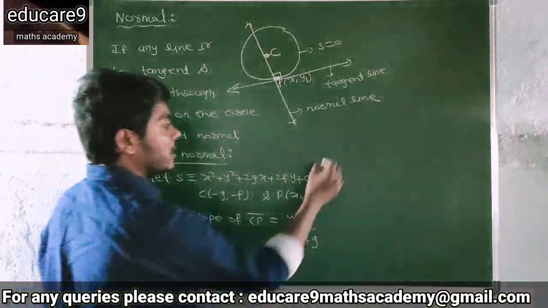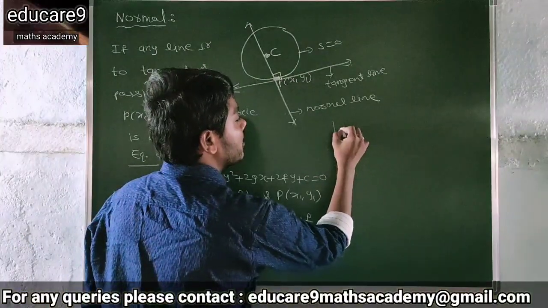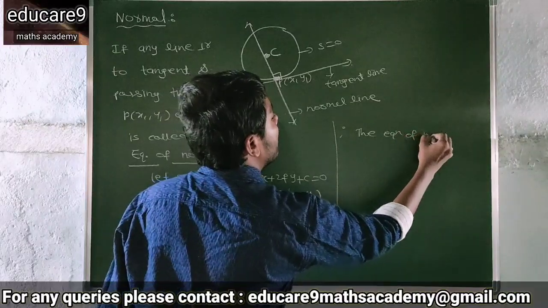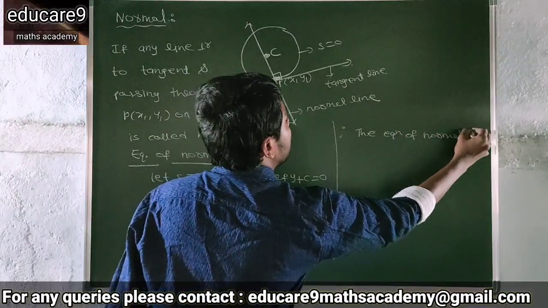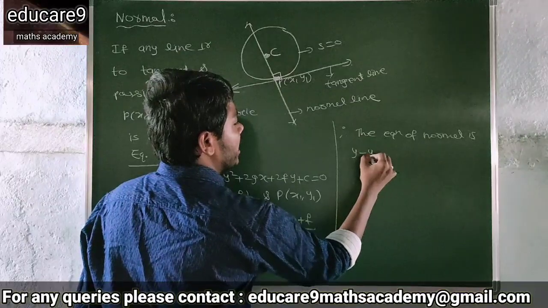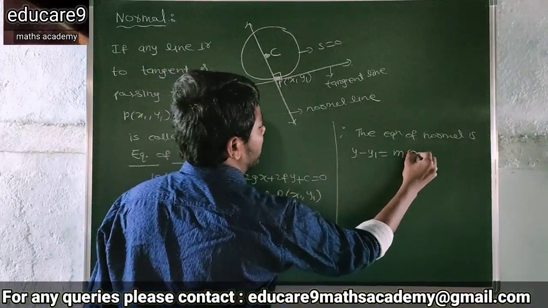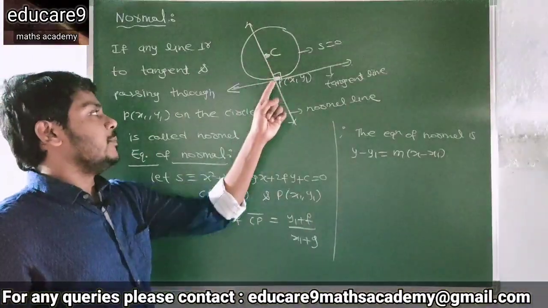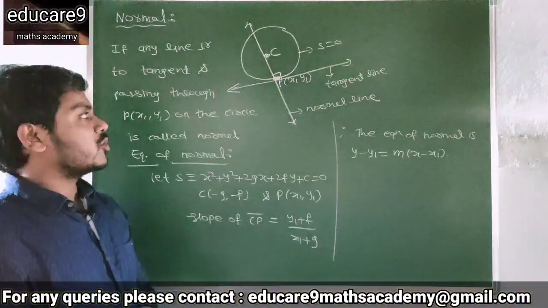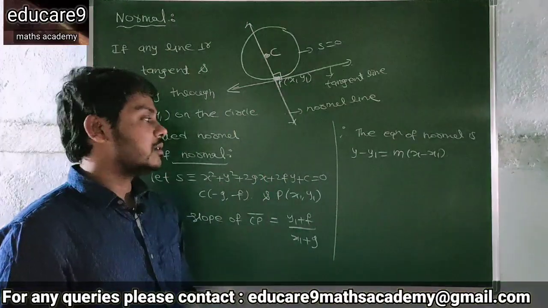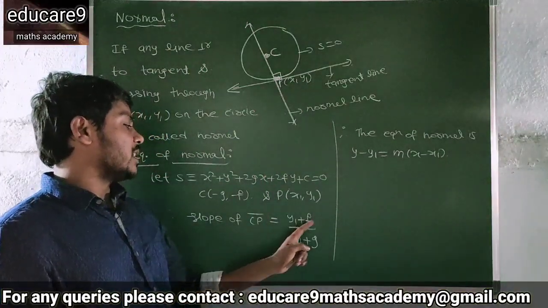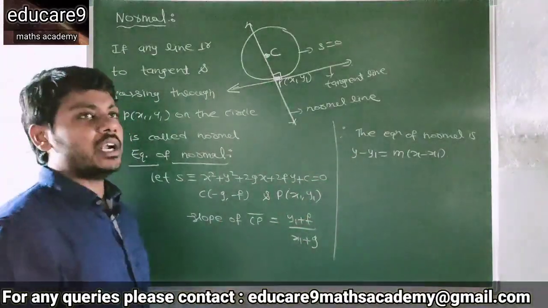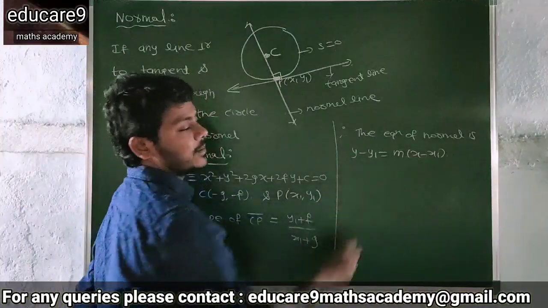So therefore the equation of the normal is y minus y1 is equal to m into (x minus x1). So clearly the line CP passes through the point (x1, y1) and has the slope (y1 plus f) by (x1 plus g), then the equation of that line is y minus y1 equal to m into (x minus x1).